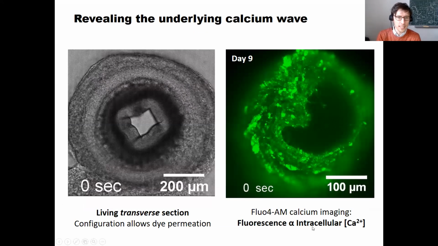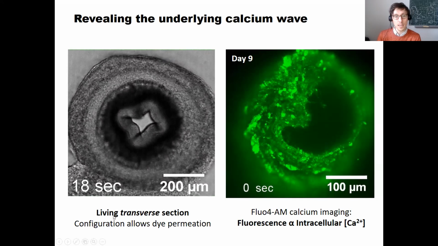We were interested in imaging the basic electrochemical wave which underpins this early motion. So we performed calcium imaging using fluorophore AM, but we needed it to get inside the smooth muscle. So our technique was to embed the gut in agarose, perform thick slices around 100 micrometers, and believe it or not, we still get motility.